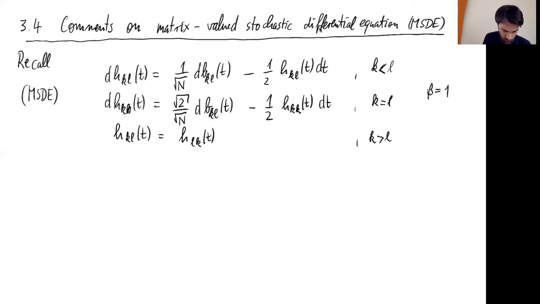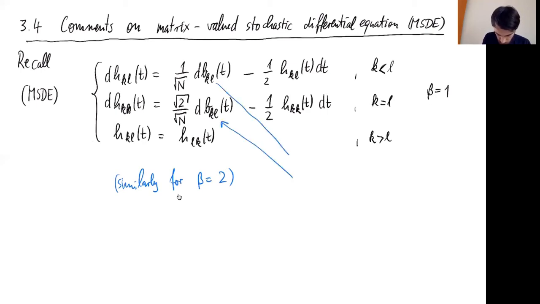I don't want to go into detail, but it is similar for beta equal to 2. And of course these are independent Brownian motions.